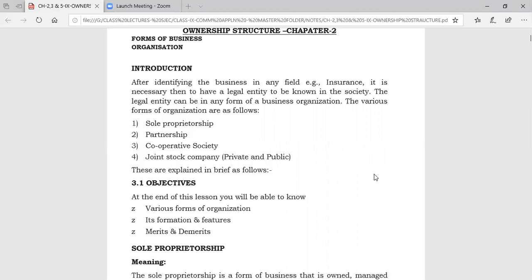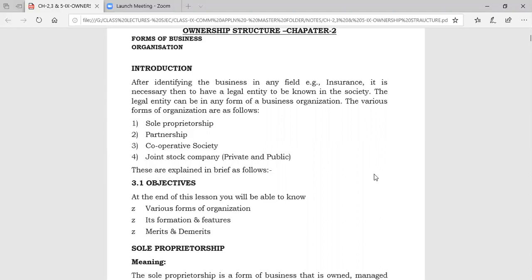In commerce, we know the meaning of organization, but there are certain forms of organization in commerce as per their structure. Generally, there are 4 types of organization in accordance with the structure they have made.